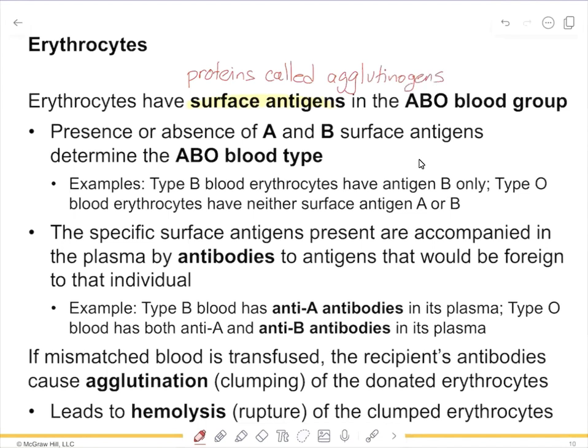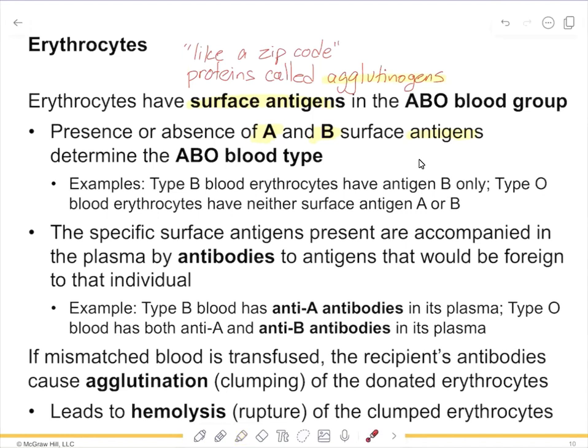And the way I always like to remember these is they kind of are like a zip code in that they identify that red blood cell as being either type A or type B. So type A and B are their own antigens. So there's no such thing as a type O antigen. Type O blood just means that there is no antigen or agglutinogen at all. It's kind of like a naked red blood cell.